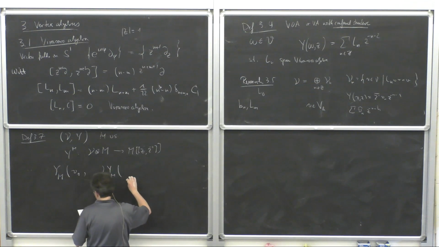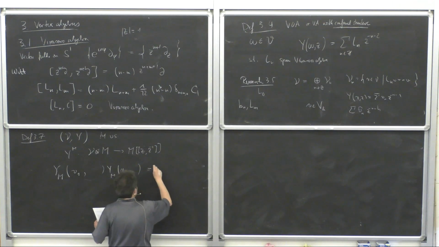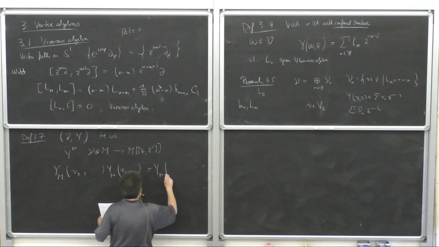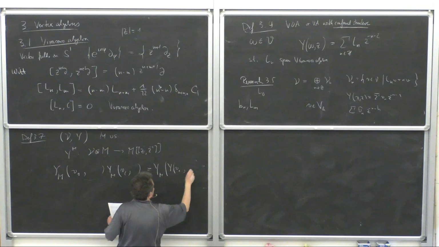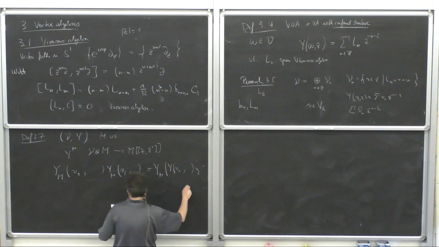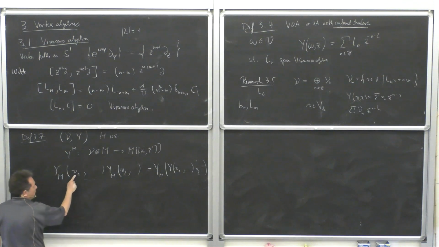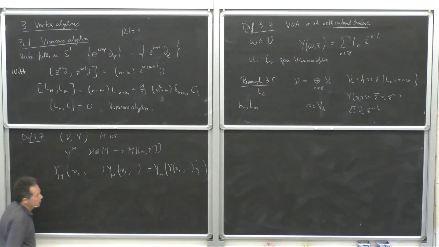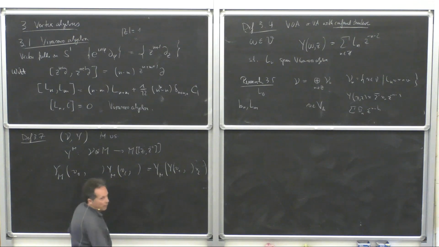Now, what do you expect for a representation? Well, let me first write this and then we fill it in together. Y(v1) comma Y(v2). Well, it means acting with v2 and then acting with v1 is the same as multiplying v1 and v2 and then acting.